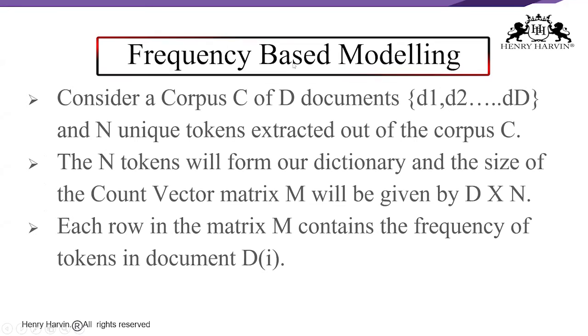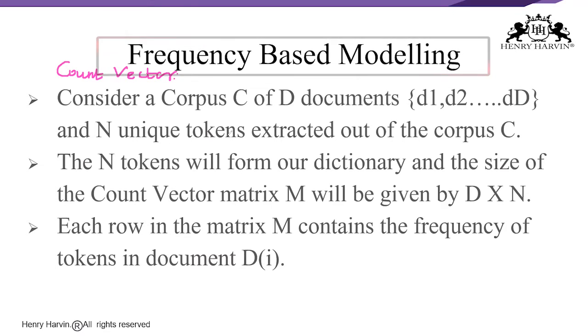So when we talk about frequency modeling, first let us try to understand what the count vector means. Say, for example, there is a corpus C of D documents, so I have written D1, D2, D3 up to DD.